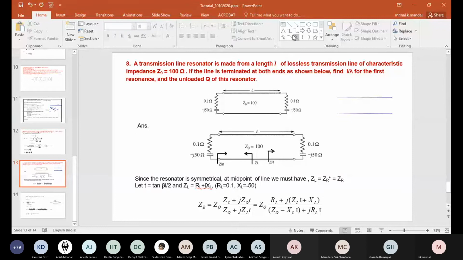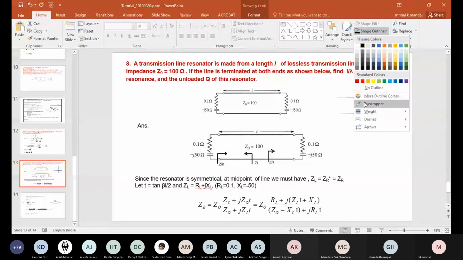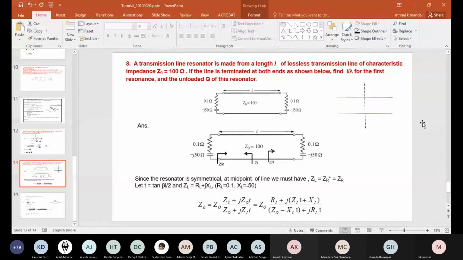Well, in that case, we know that we have a standing wave pattern for voltage and current, and that should be symmetric with respect to the midpoint, right? So that should be symmetric with respect to this midpoint. But provided left side, right side condition should be the same, open circuit or short circuit, both of them together, open or short.